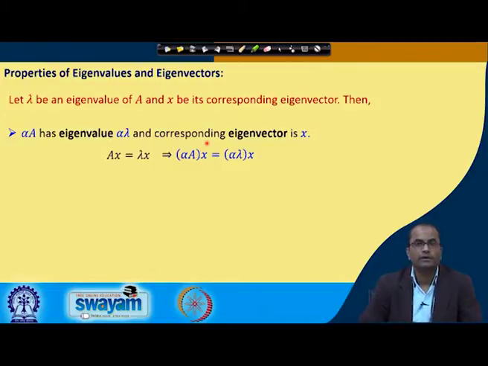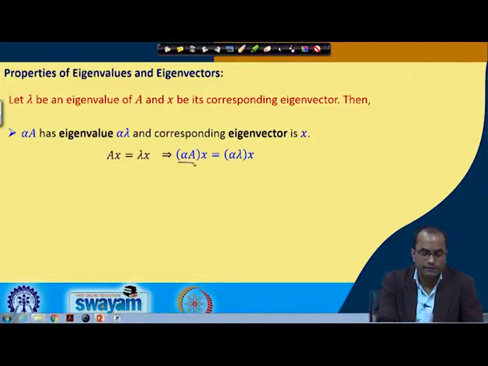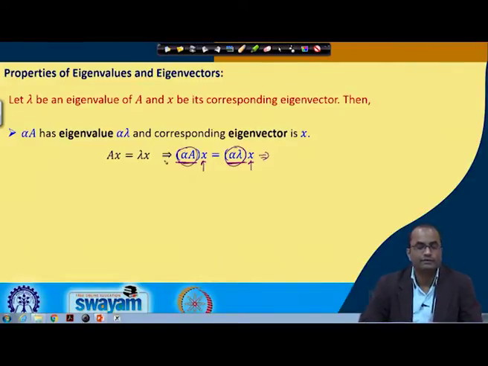So, alpha will be multiplied to each of the entries of A. With this relation, we see that alpha A has the eigenvalue alpha lambda and x is the eigenvector, since the matrix times x should be some scalar times x. So, we conclude that alpha lambda is the eigenvalue of the matrix alpha A with the eigenvector same as before, that is x.